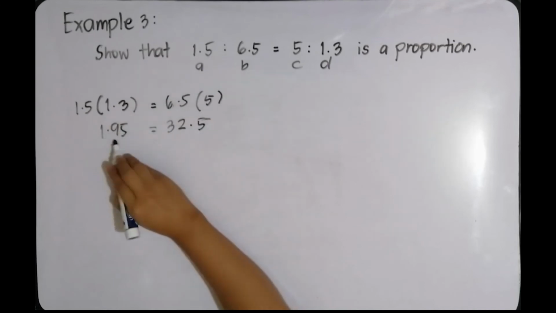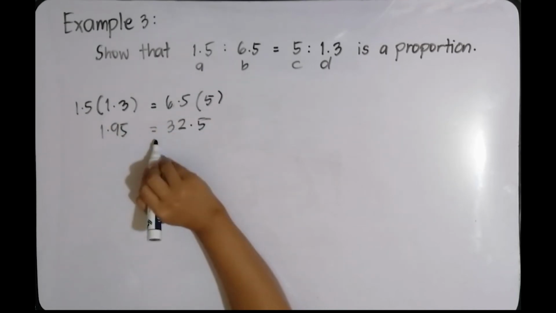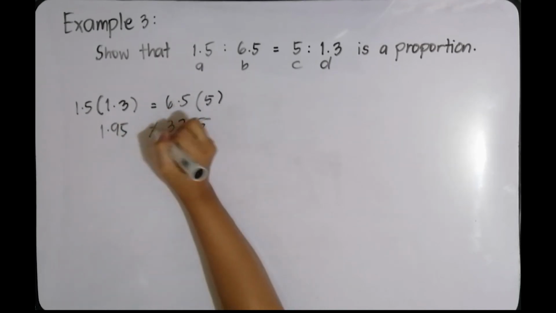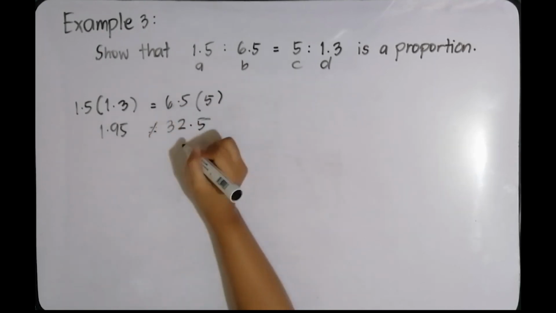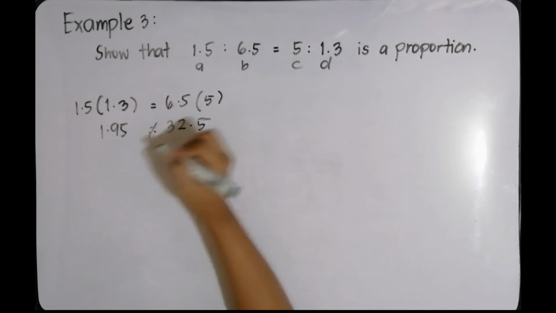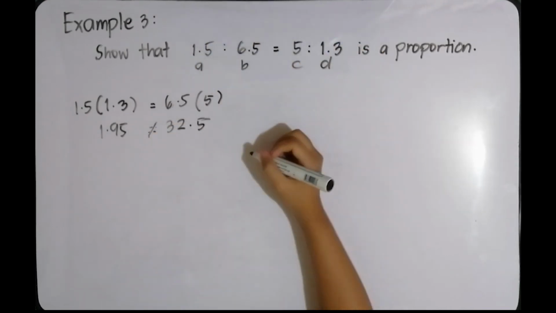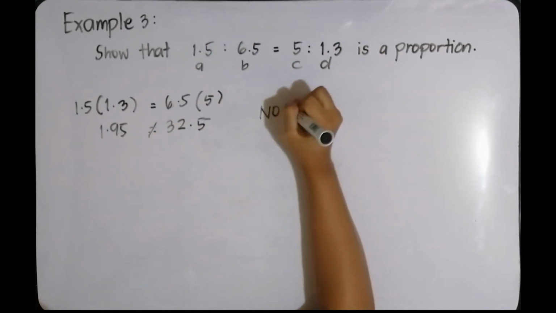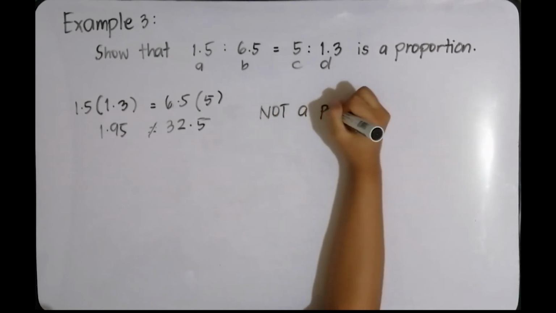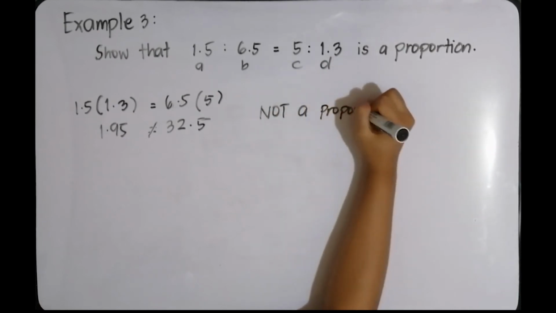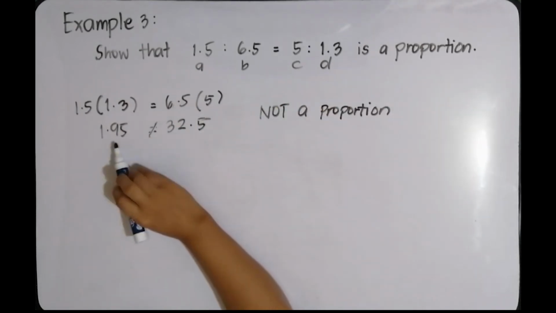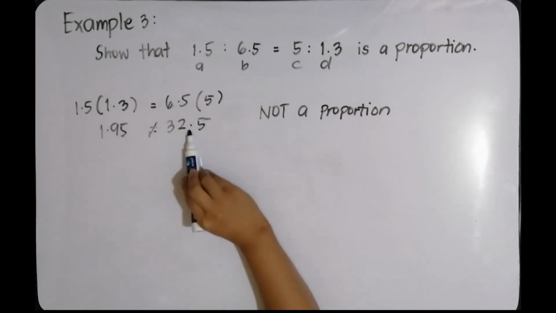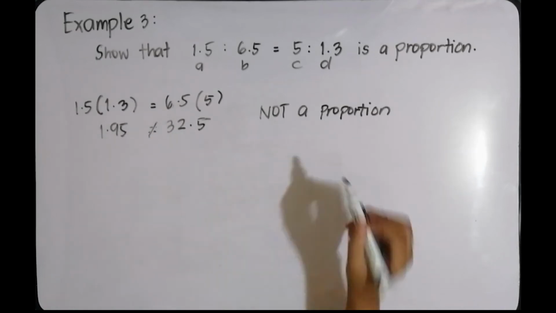So 1.95 is not equal to 32.5, meaning that this given is not a proportion. Why? Because the cross products of the extremes and the means are not equal.